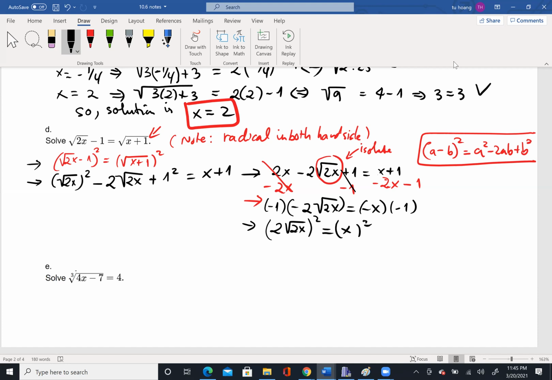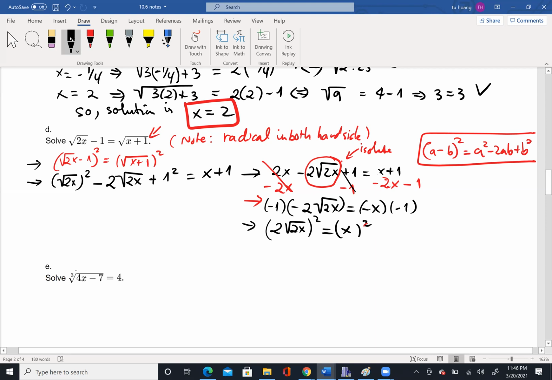Okay, so what does that mean? I'm actually trying to isolate the whole of this, right? The whole of this. Okay, so now I will have what?